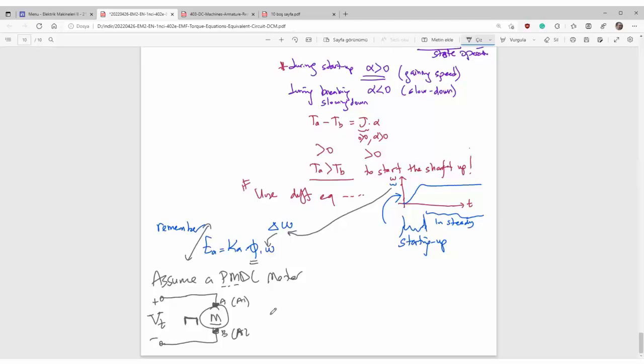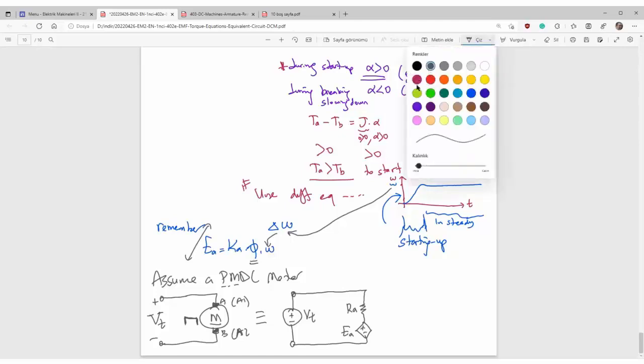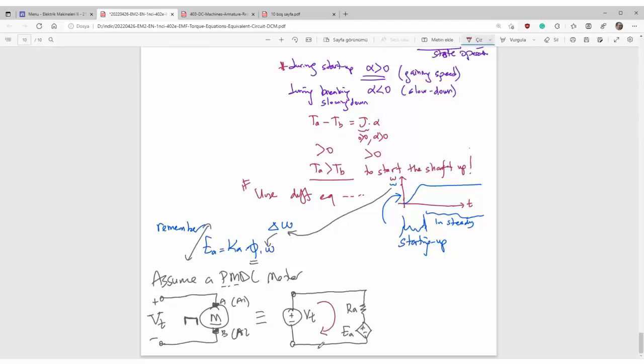Now, let's draw the equivalent circuit. It looks like here's an independent voltage source, VT, supply voltage, and that voltage is supplying the armature. Armature equivalent, you have studied this part in the previous course. Here is the armature EMF, and here is the armature resistance. And here is Kirchhoff's voltage law around the loop.